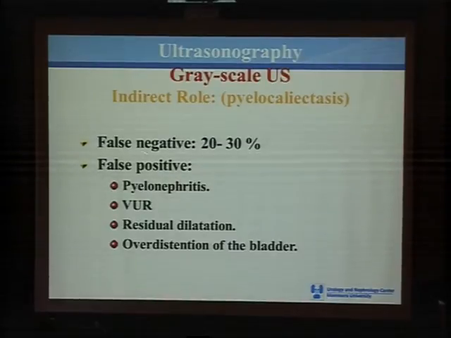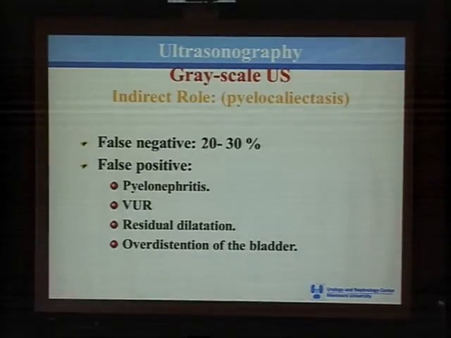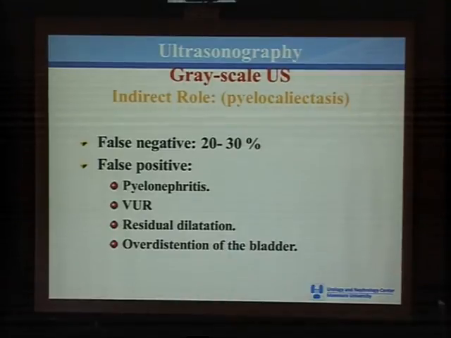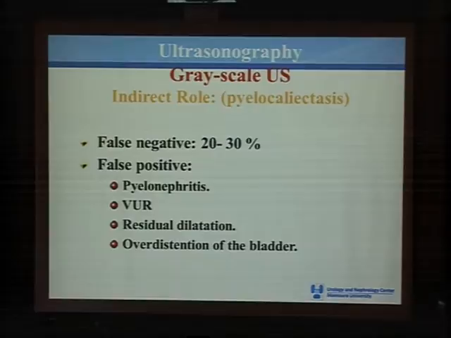Why is it not sensitive? Because there are false negative results in 20 to 30% of patients. What does it mean? This means that in about one third of cases with acute renal colic, there is no dilatation of the pelvicalyceal system. Why? Because in acute obstruction, there is not sufficient time for the pelvicalyceal system to dilate.